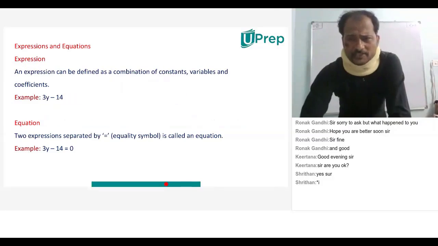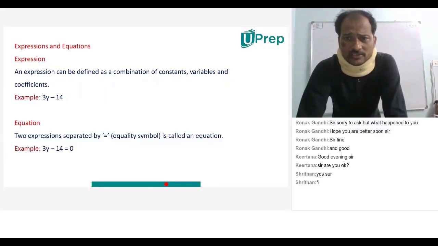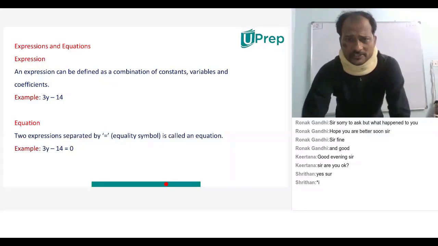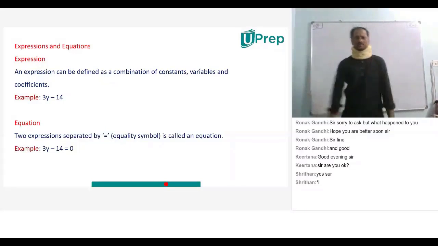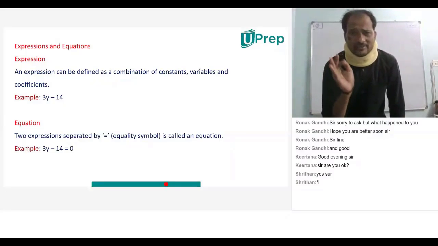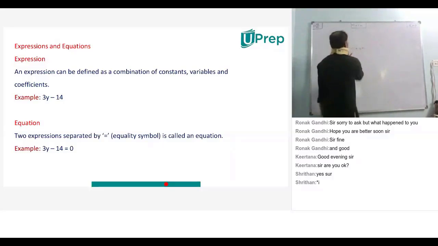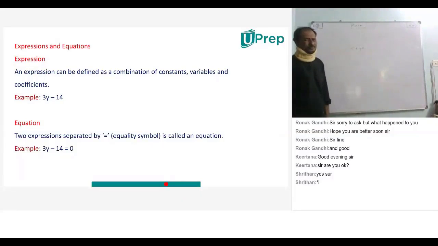Next, expressions and equations. First of all, let us know what an expression is. An expression is nothing but the combination of constants, variables, and coefficients. For example, this is an expression because it has a constant, a variable, and a coefficient.